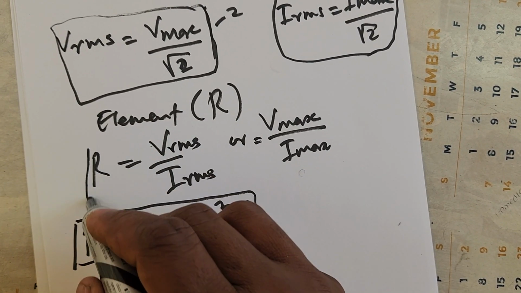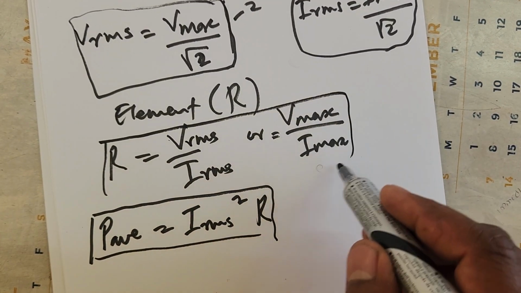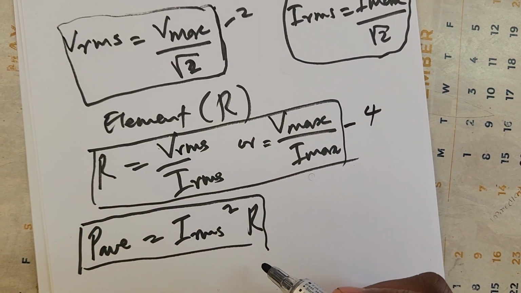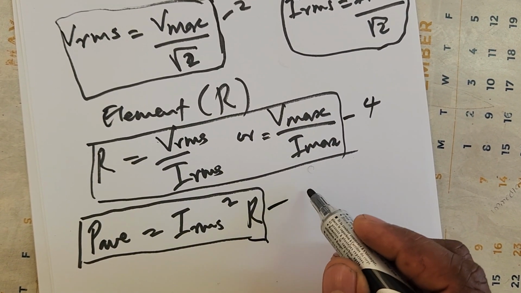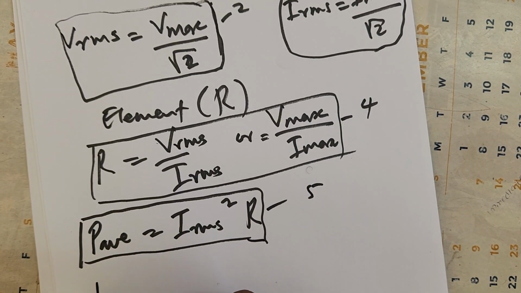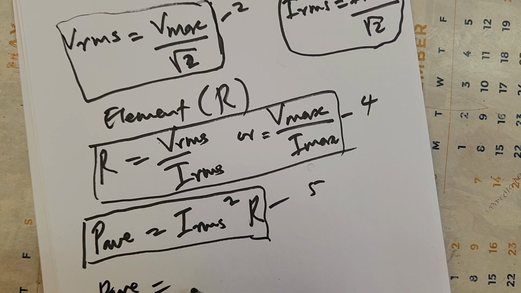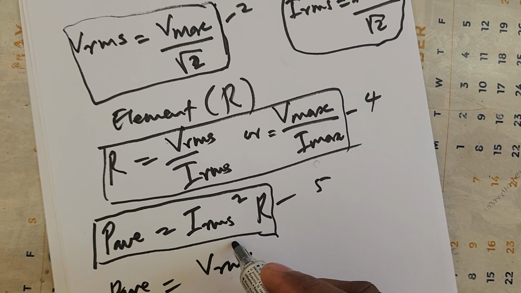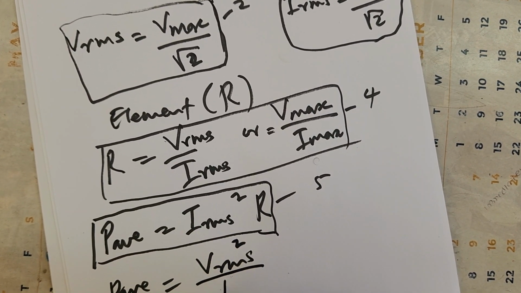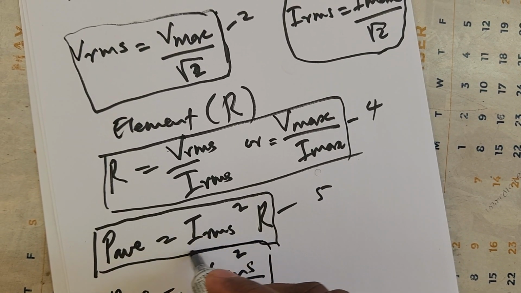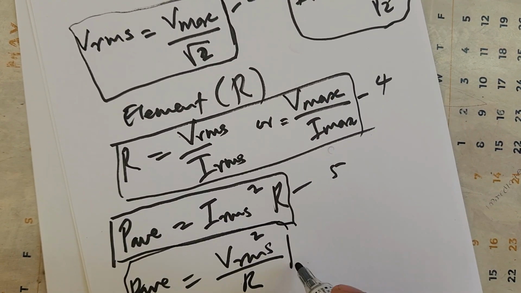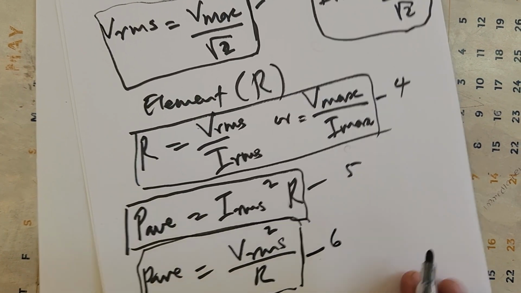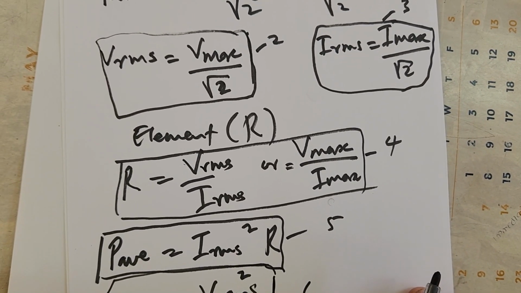That's another formula that we can take home and say number 4, and then this one becomes number 5. The last one will say power average equals V RMS squared divided by R. This is the final one in terms of these formulas, which is number 6. So that's all the formulas that we have.